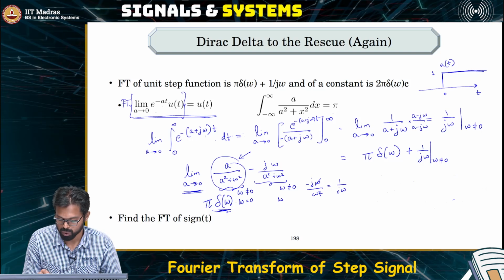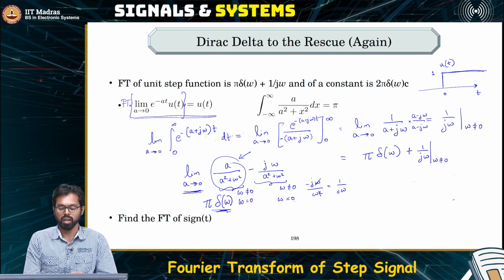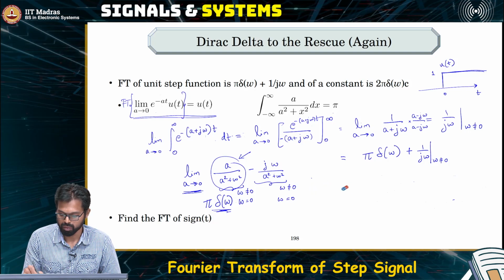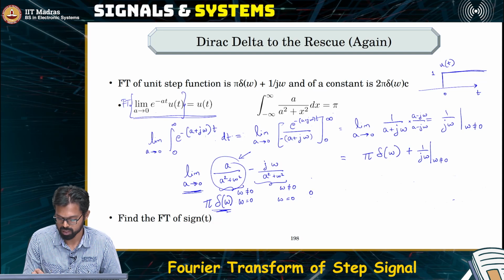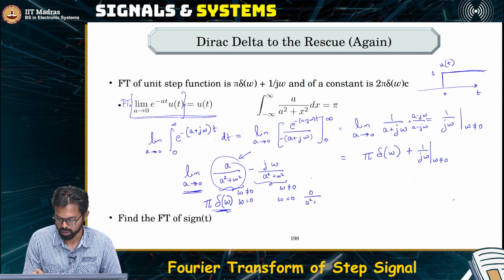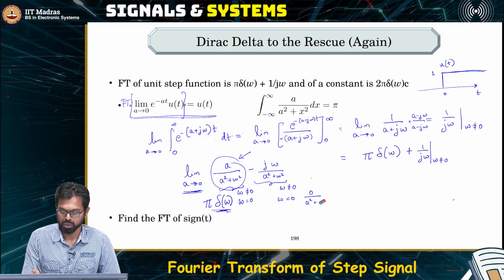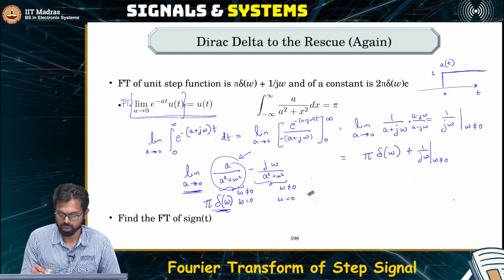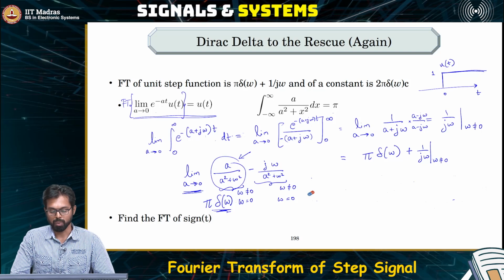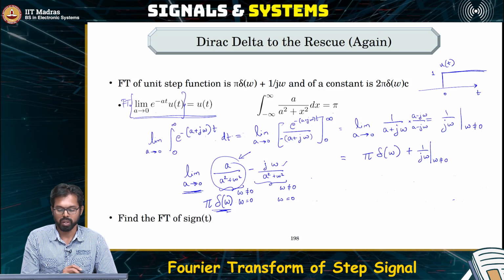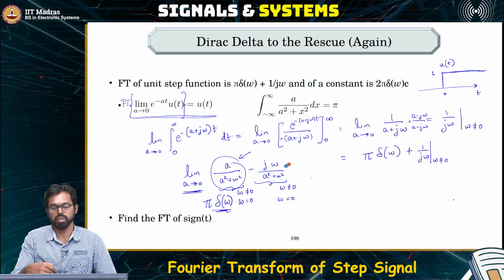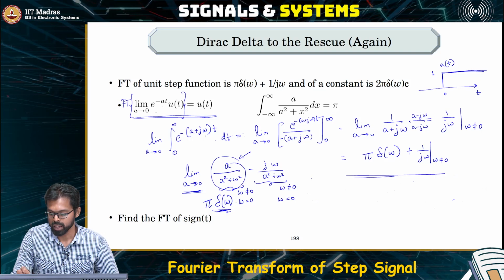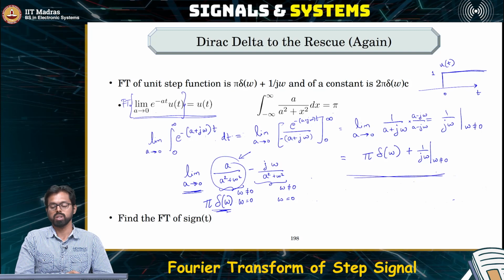And when omega is equal to 0, what do we have? We directly have 0 divided by a square plus 0. So this term is already 0. So this is 0 whenever omega is equal to 0. Because we have an omega in the numerator, it is taken care of and we don't have an undefined form. So this is what we get as the Fourier transform of the unit step function.